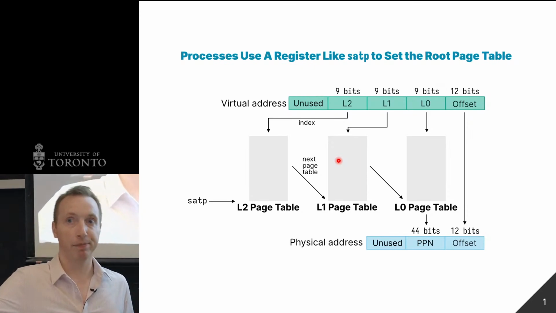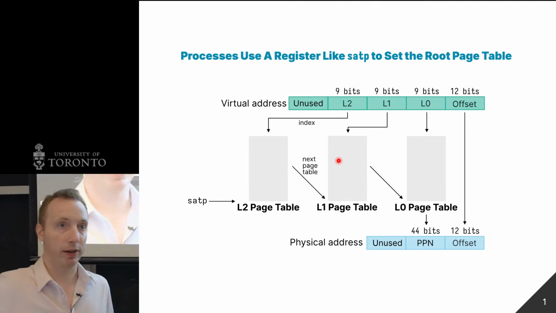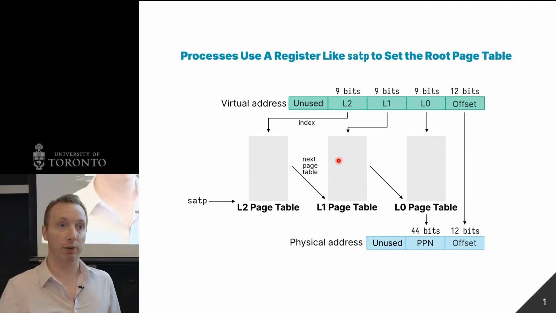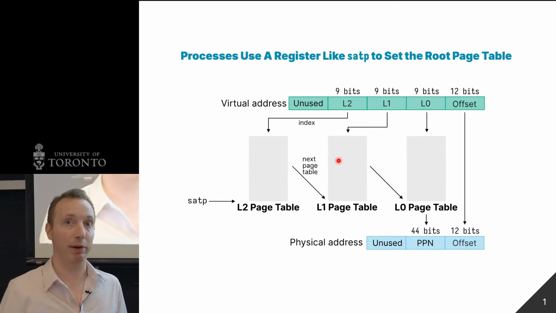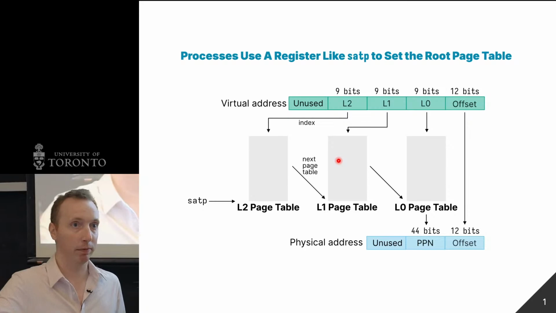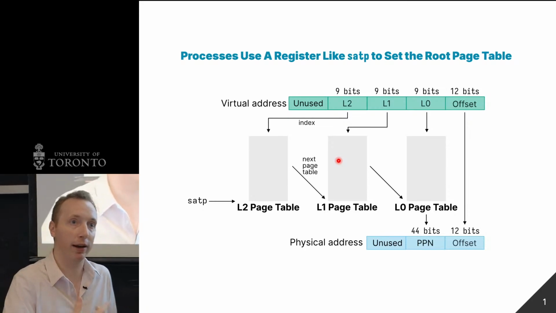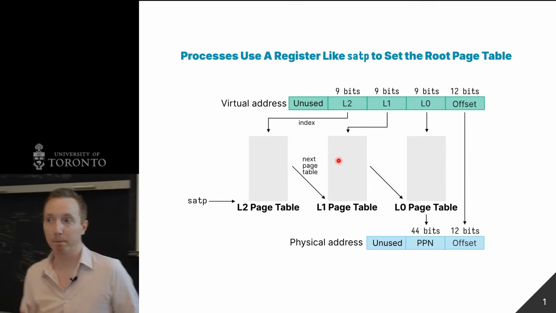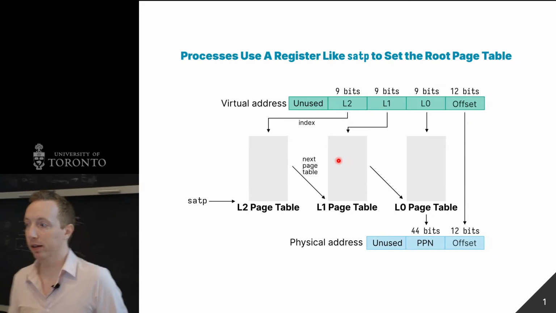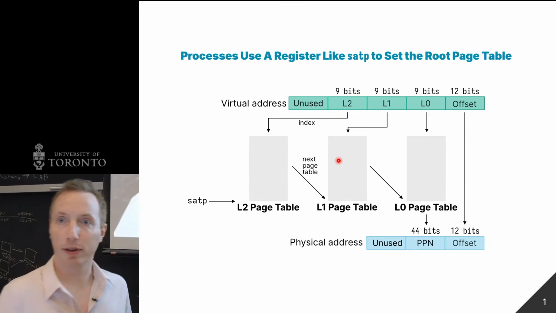And then all the L0 page tables would store all the entries among them. I would need a gigabyte of them for every entry because I can't get around that. We'll have some more examples today to clarify that.